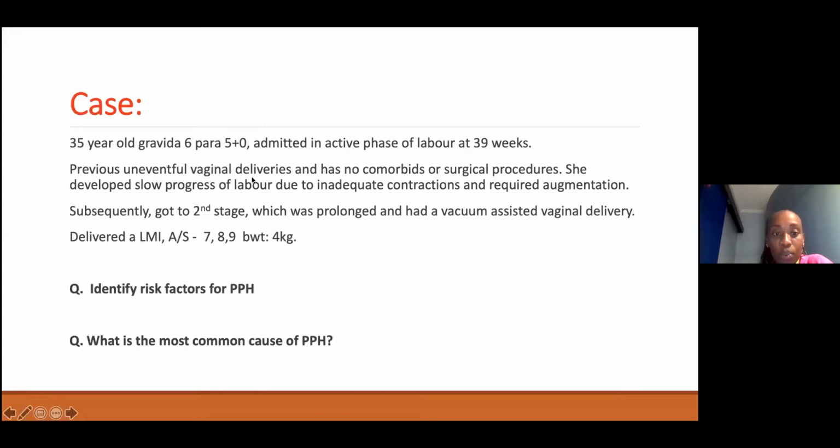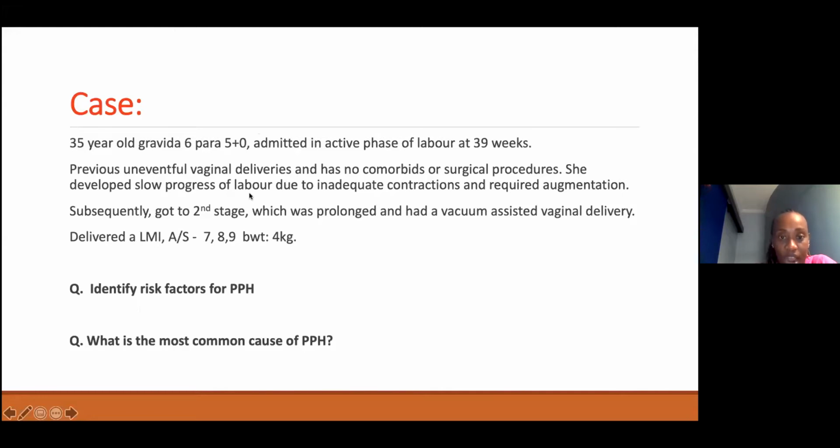She developed slow progress during her labor due to poor contractions and required augmentation. She then progressed and got to second stage, which was prolonged and required a vacuum-assisted vaginal delivery. She delivered a live male infant, Apgar score of 7, 8, 9, with a birth weight of 4 kilos.